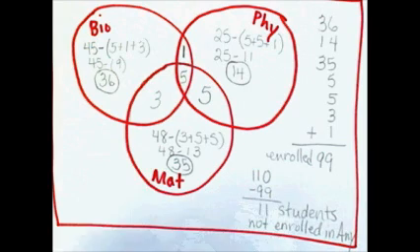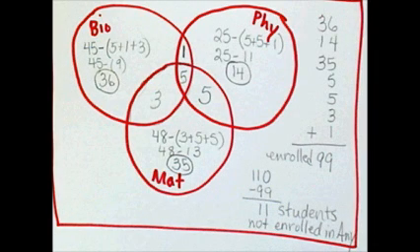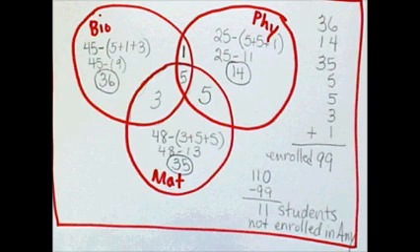Okay? So I hope that makes sense, because this is how you would do anything. Like maybe you might have a question about people watching ABC, NBC, and CBS, and some watch one, some watch the other, some watch 2 channels, some watch all 3.